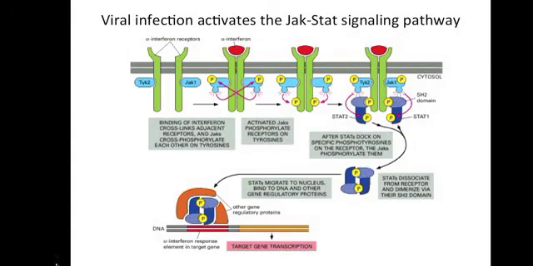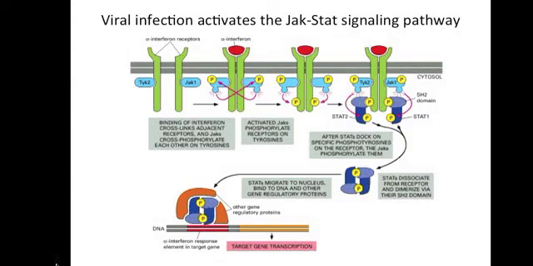This one is the JAK-STAT pathway. It doesn't matter. It's just an example of one pathway that is involved in the immune response to viral infection. So you have receptors. They're on the cell surface. And you have your signaling molecule, which in this case is alpha interferon, the red circle at the top. And that's secreted by some other cell in response to viral infection.